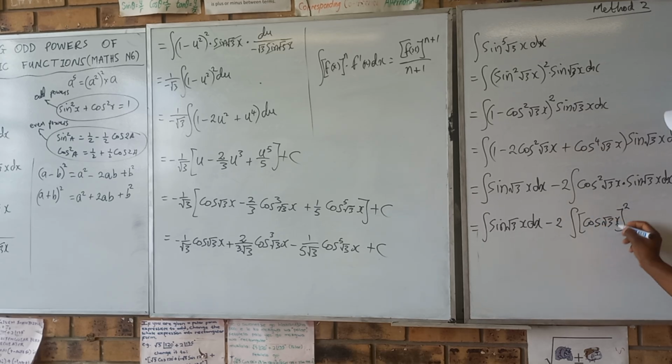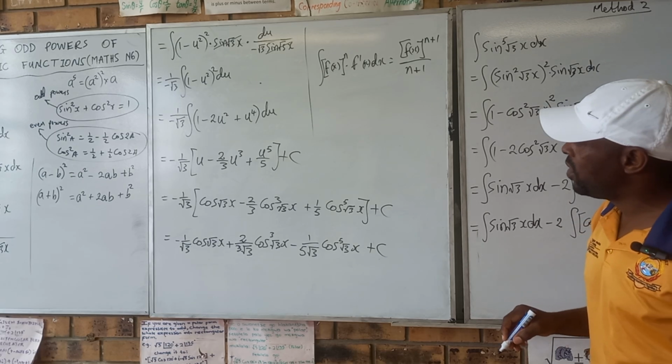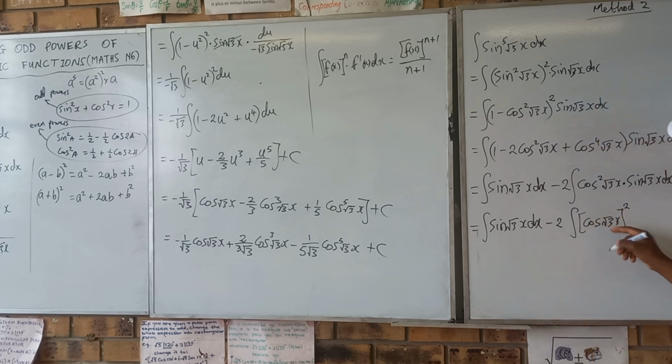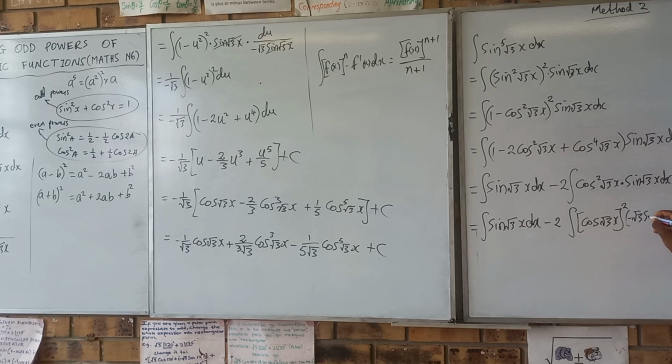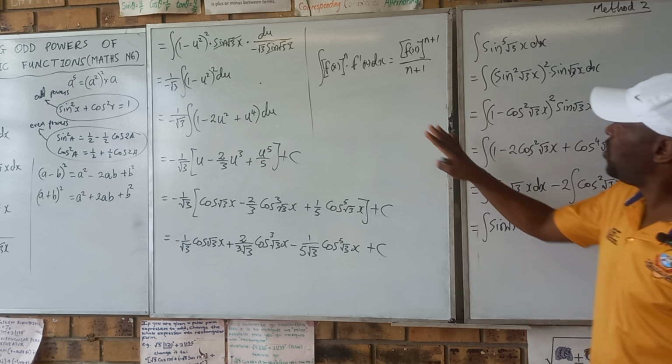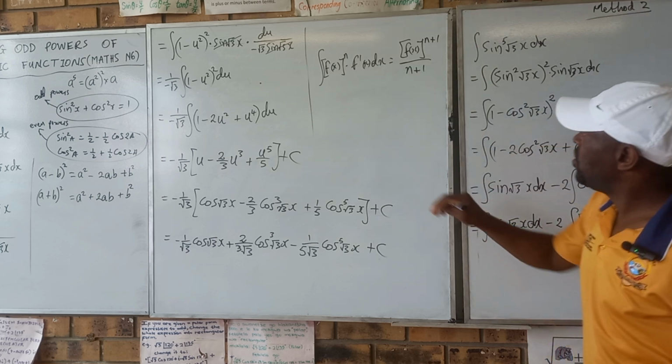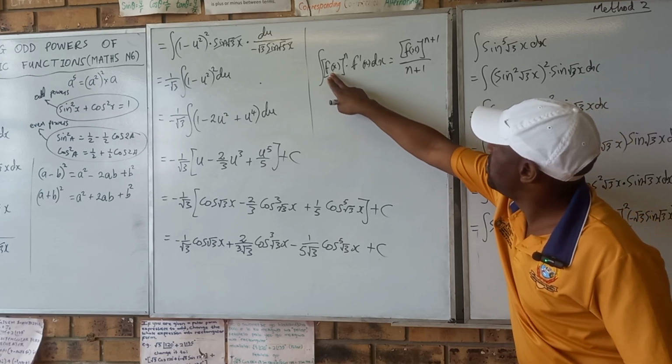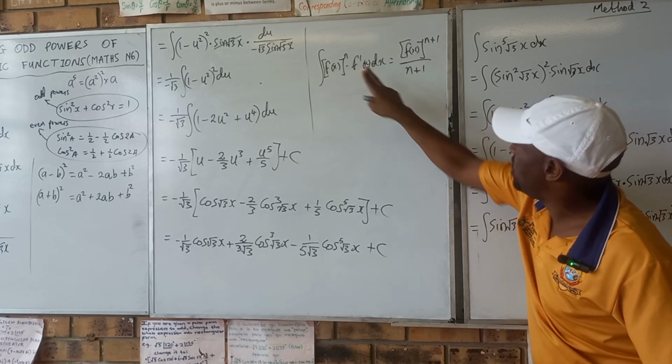When I differentiate cos, just as we've seen before, the derivative of cos root 3x is negative root 3 sine root 3x dx. So to make sure that my u substitution is complete, when you put f there, its derivative must be here.